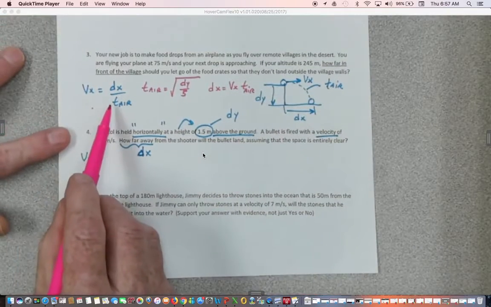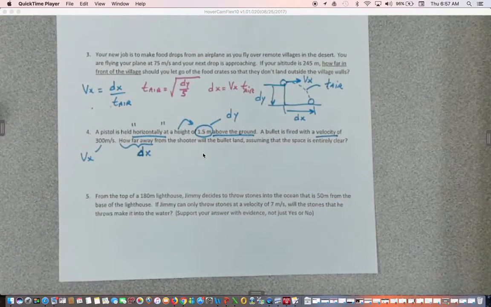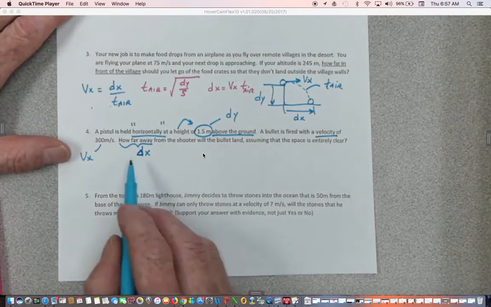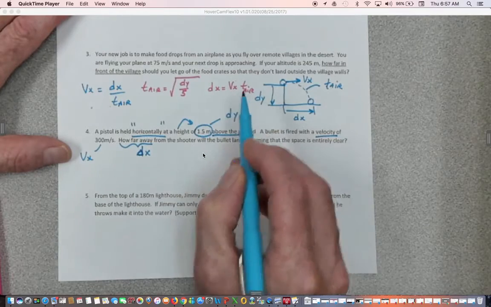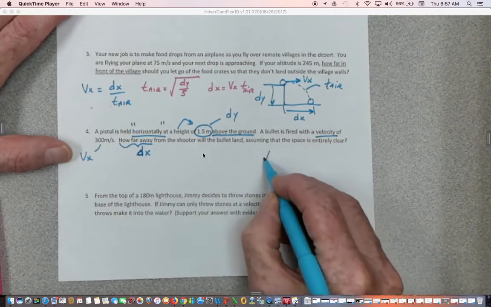Basically, it's a version of this problem. So you have 3 equations, and these 2 are basically the same equation. In this problem, I want to find dx. To find dx, I need my Vx and time in the air. So let's find my time in the air first.